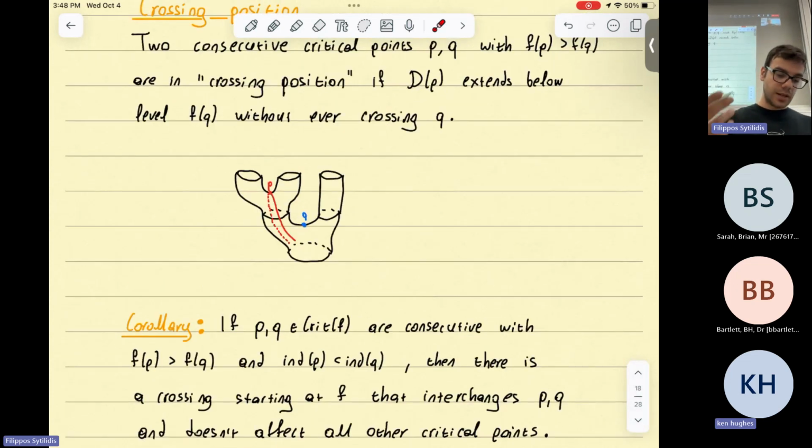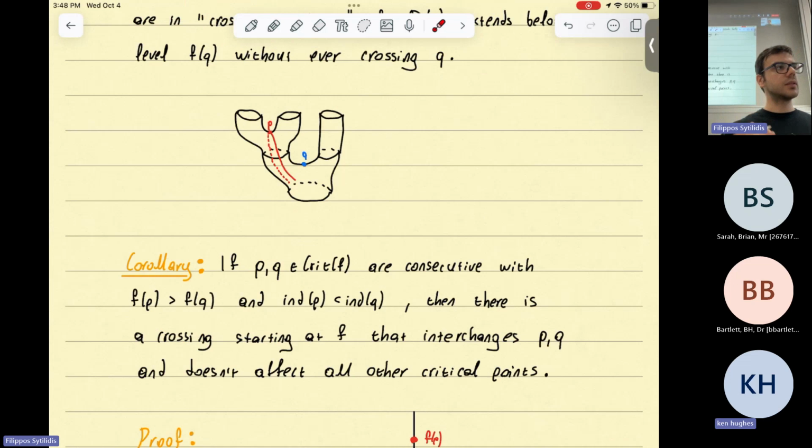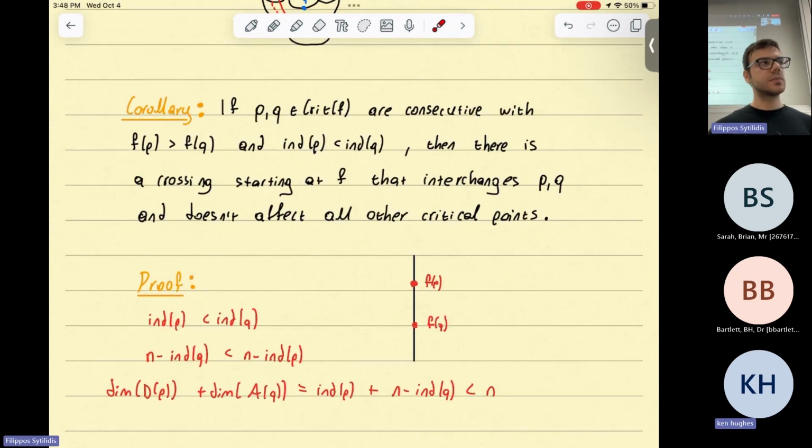And so that would conclude that the descending disk of P can extend below Q, and therefore I can have a crossing. Is that clear?